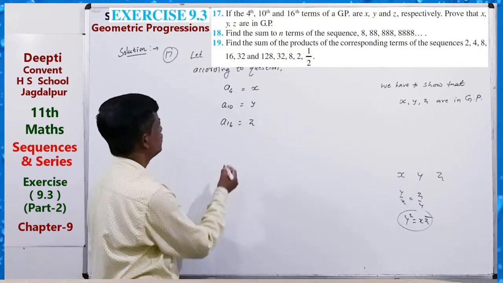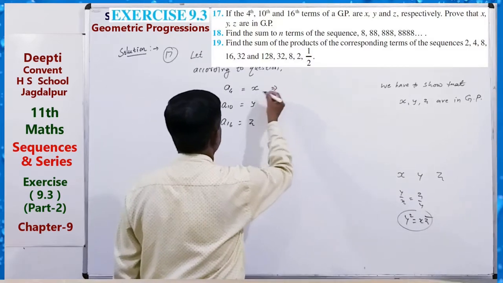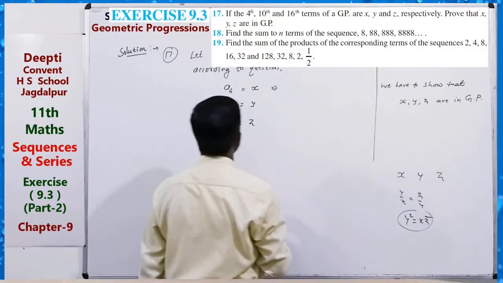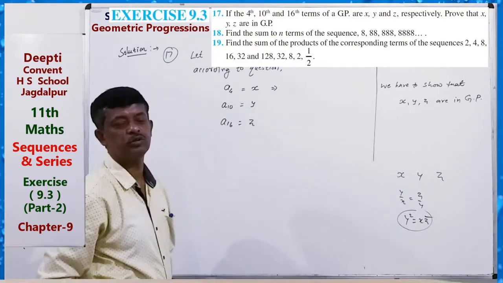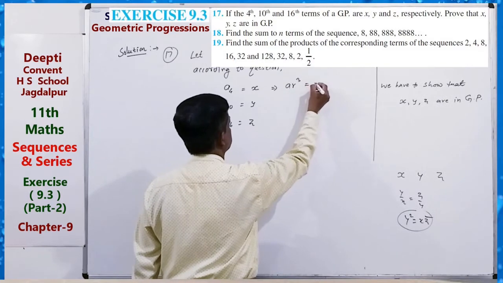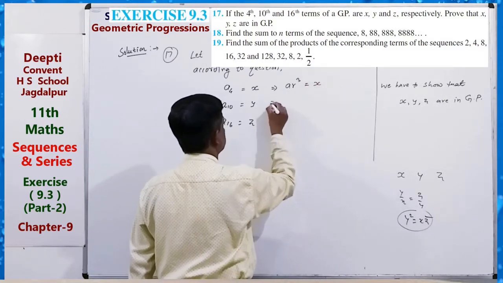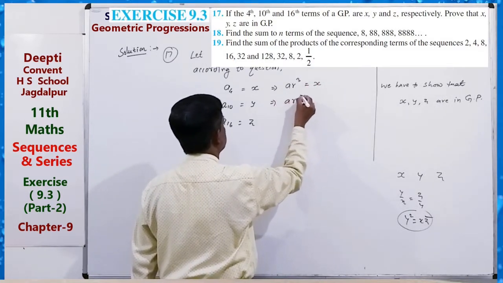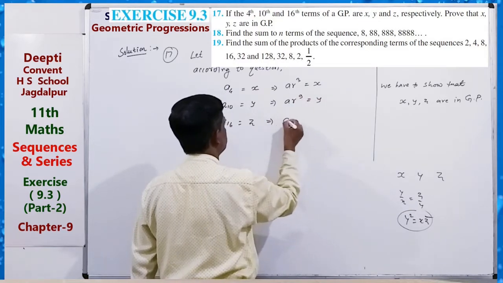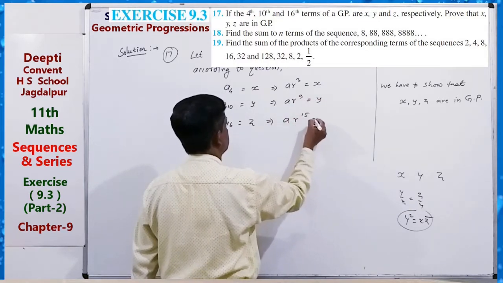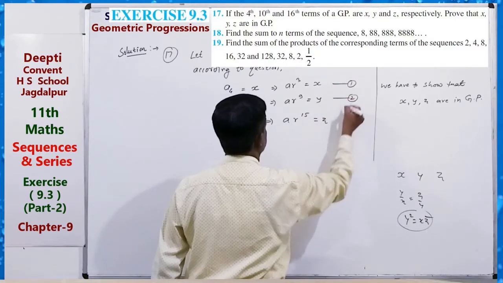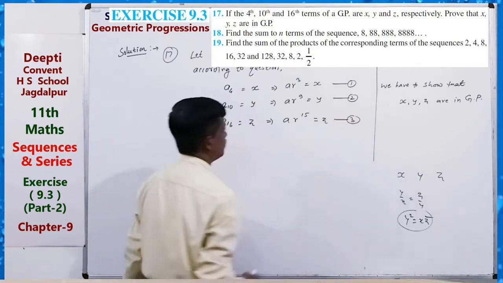Very simple. From here we can see that A4 means A r to the power 3. A r to the power 3 equals X, A r to the power 9 equals Y, A r to the power 15 equals Z. Call these 1, 2, 3.